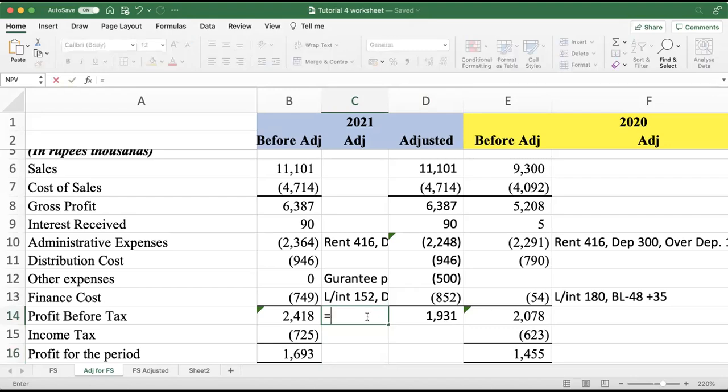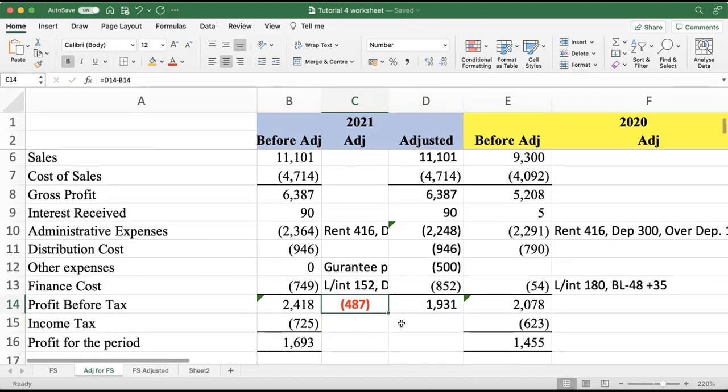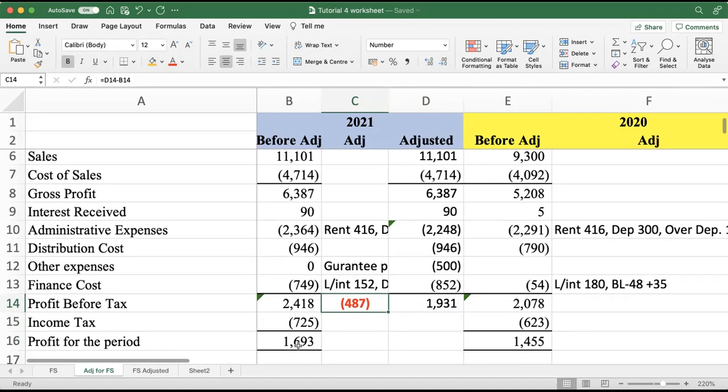You see profit before tax reduces by 487. So when that reduces, your tax expense reduces.